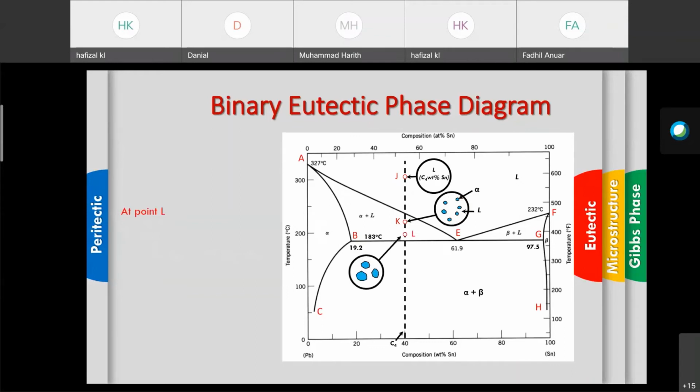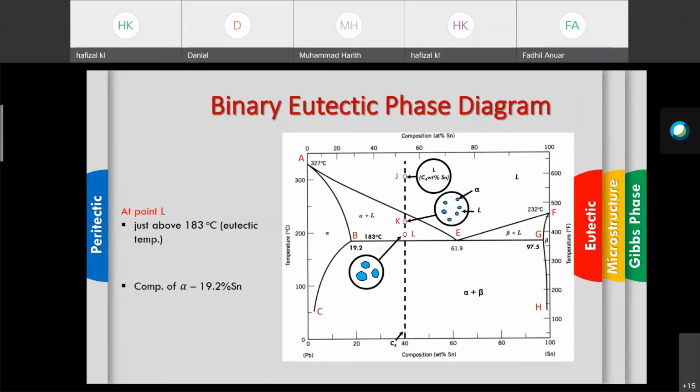Okay, so what happened to this area? At this point, let's consider the point a little bit higher, at 183, maybe 184 or so. So at this point we can see it at the eutectic temperature.